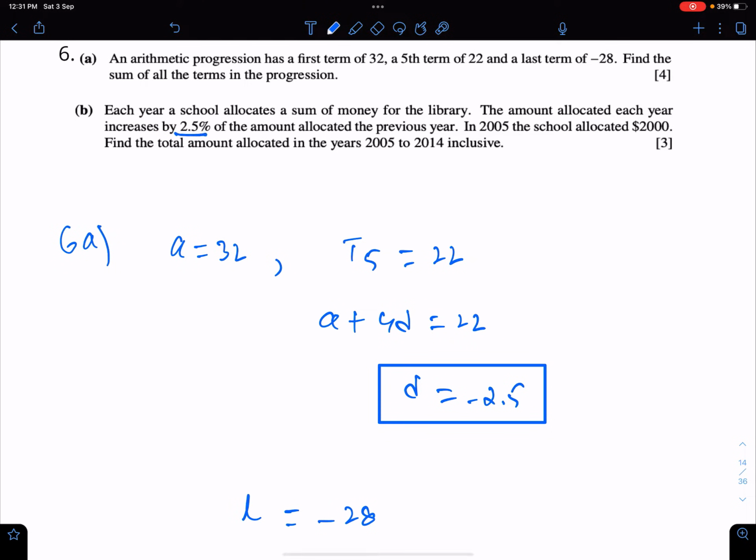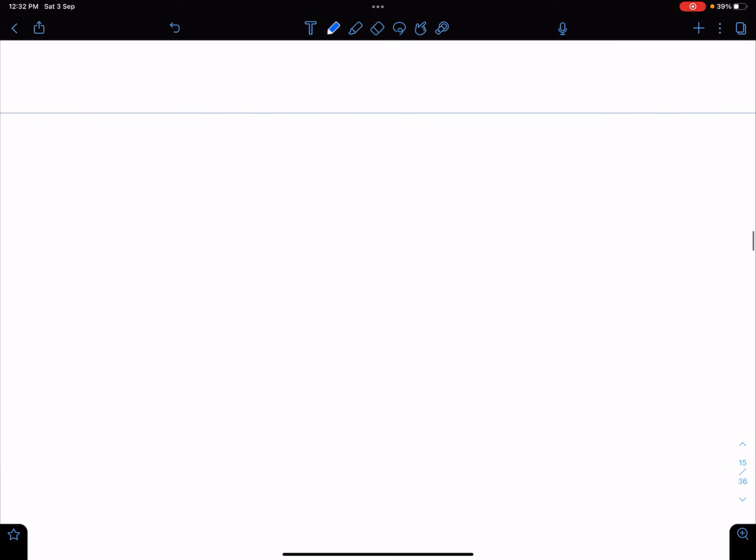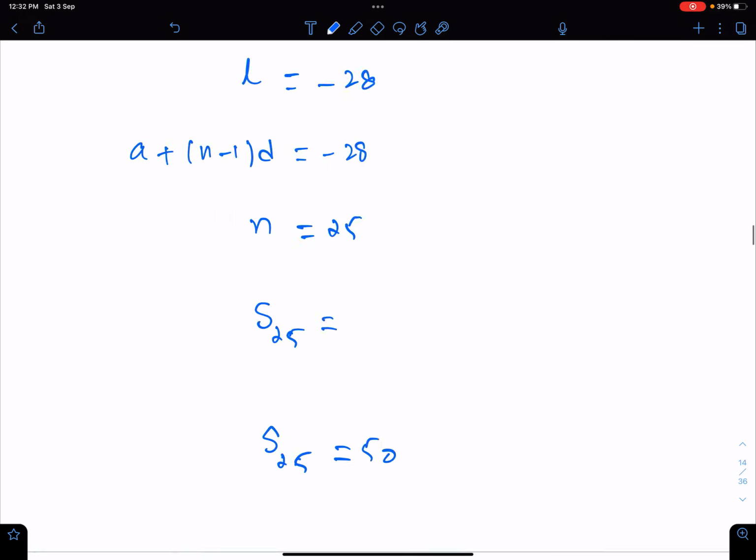So this is a GP with R 102.5%. In 2005, this is the first year, and the first term is 2000. Find the total amount allocated in the years this to this inclusive. So these are 10 years. So we need S10 with R 102.5%. This is 6 part B.